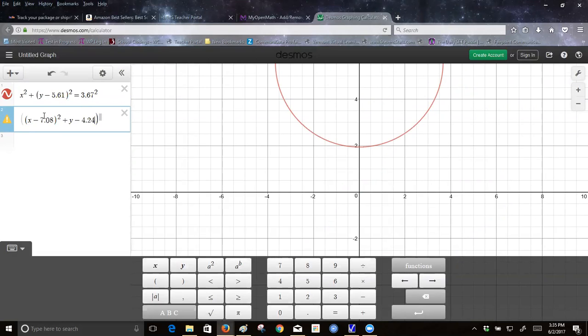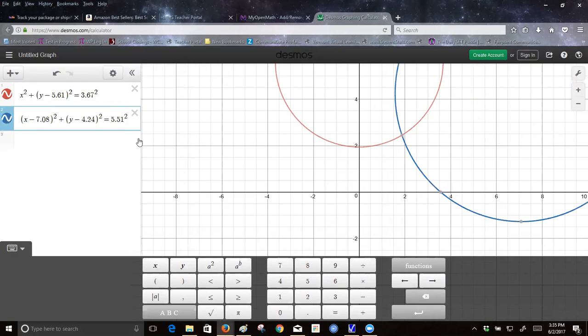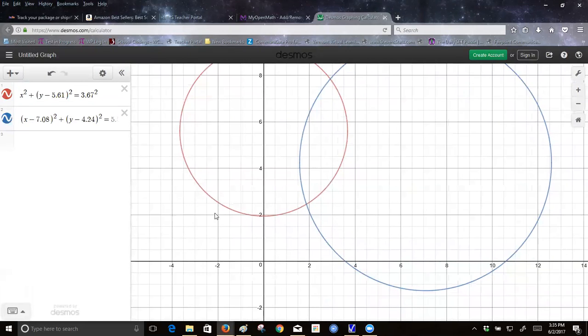I'm realizing I gotta do this, or it's gonna mess it up. Squared 4.24, good. Equals 5.51 squared. And if we notice, here are the points here.